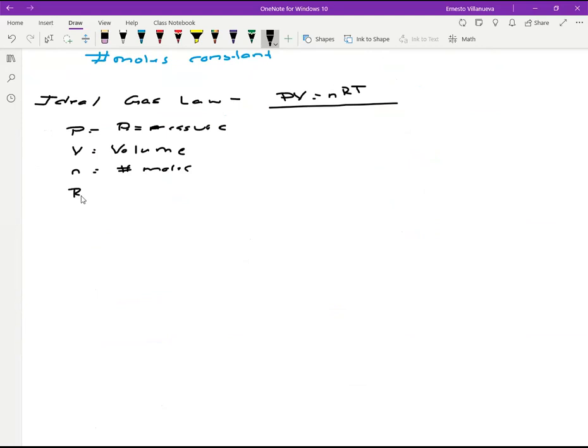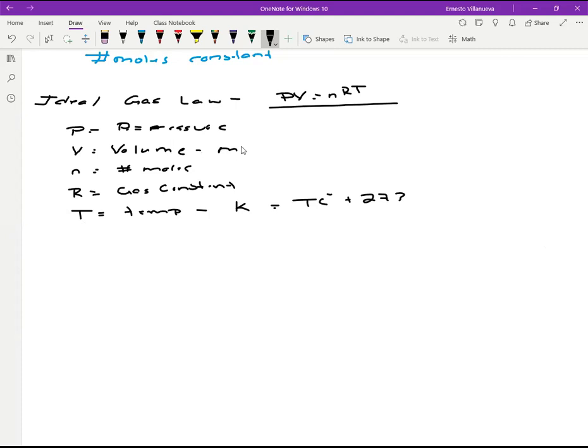R is the gas constant, which is going to be on your cheat sheet. And then T is temperature. When you're working with gas laws, you always want to make sure your temperature is in Kelvin, which is the temperature in Celsius plus 273. All you got to do is add 273 to any Celsius temperature, and you convert it to Kelvin.